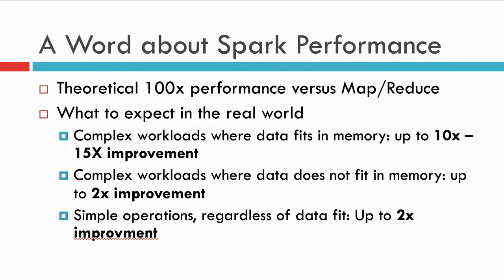Finally, a simple operation, regardless of whether the data fits into memory or not, is going to be about a 2x improvement as well, and this really refers to the simple operations that are completed in one scan of the data. A factor that really helps Spark excel is when an operation needs to iterate over data. That's where the best performance gains are going to be because they can do these operations while holding the data in memory.